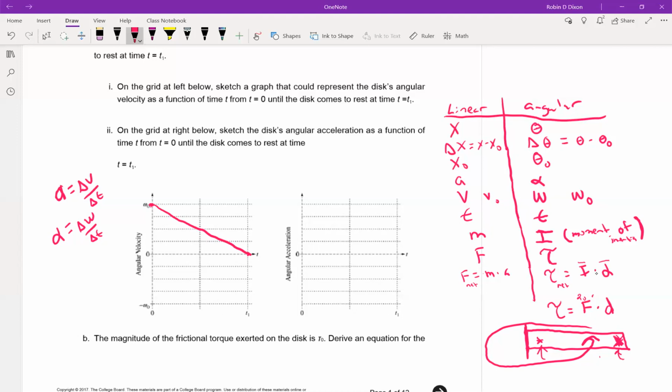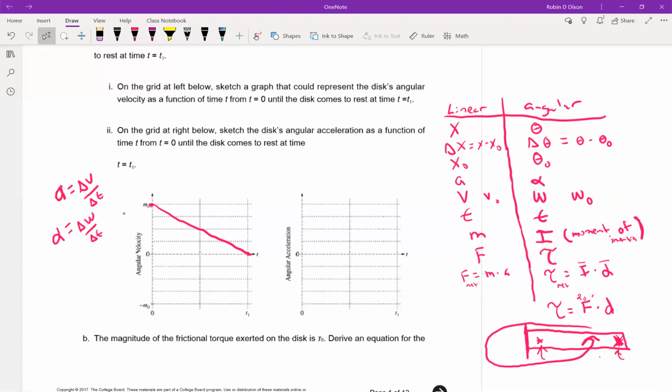Now, just like with all graphs I've been telling you since the beginning of the school year, you have a couple of things. You have the point, and the point of this first graph tells us the angular velocity. The area of that graph will tell you the angular displacement, because the area is angular velocity times time, which is simply a change in angle. But you can also find the slope.